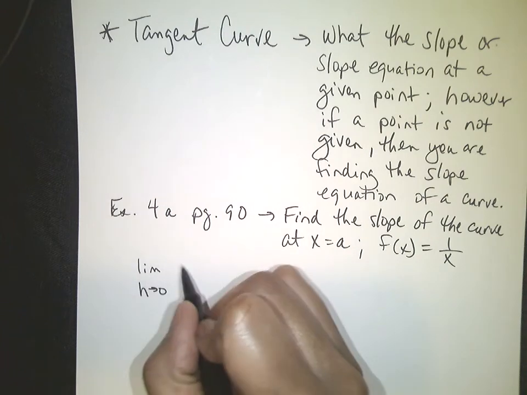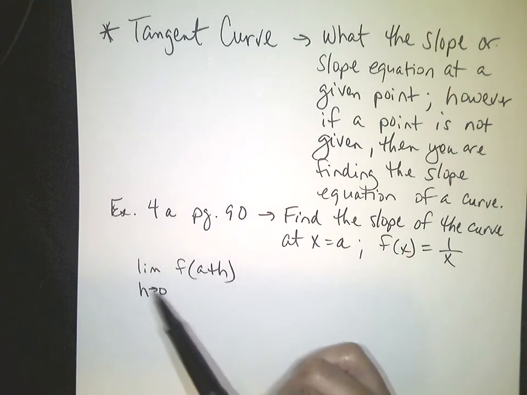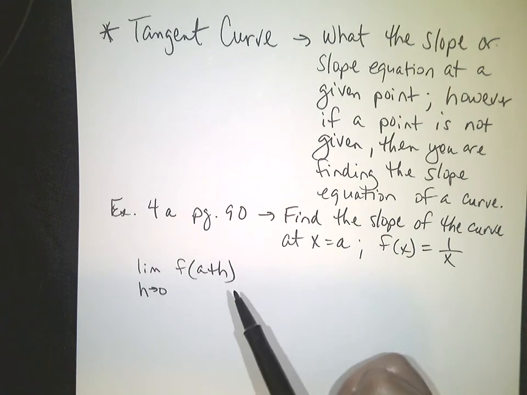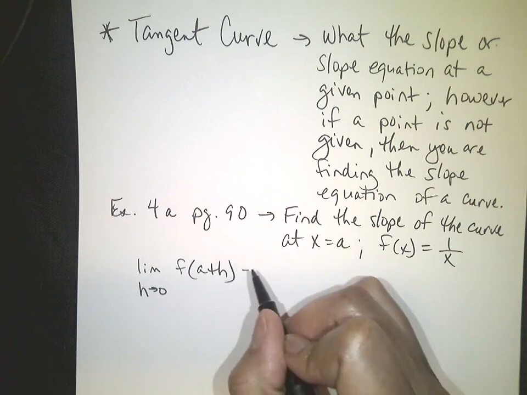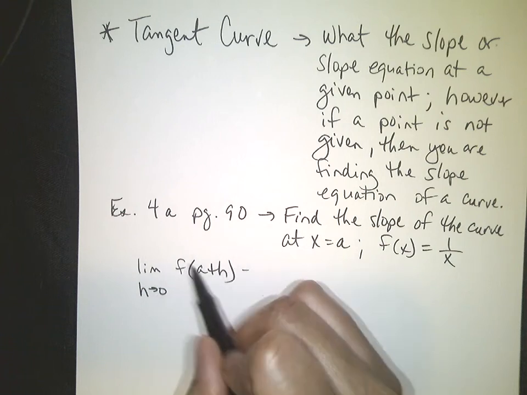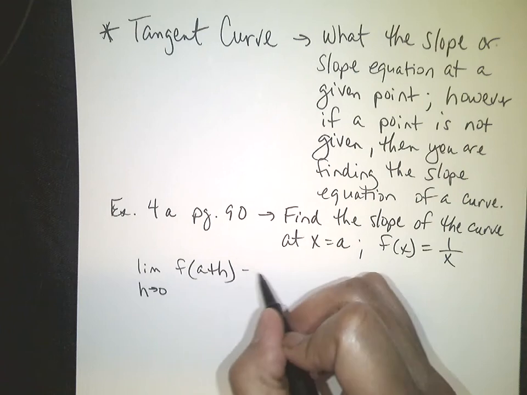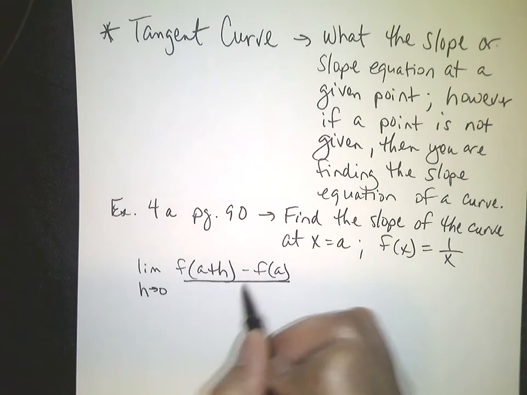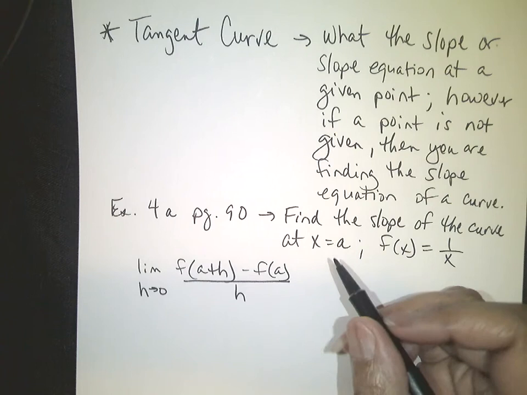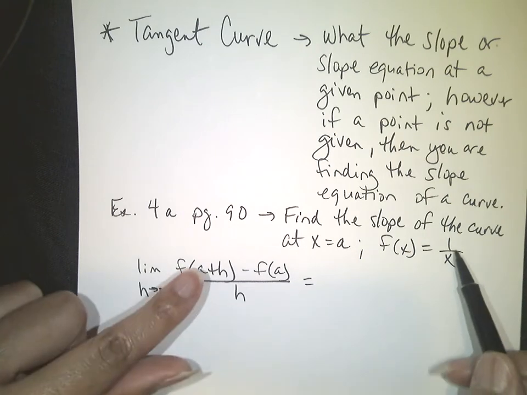But that's very important because you're going to have to plug that in at some point into this formula. So the limit as h approaches 0 of f of a plus h minus f of a all over h.